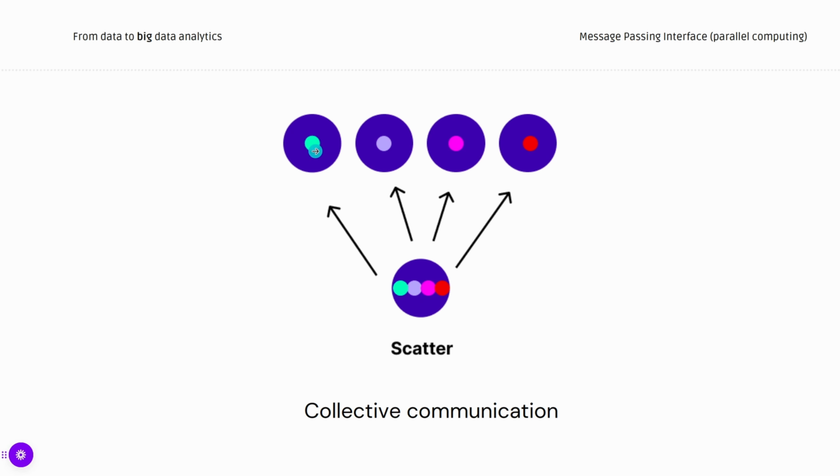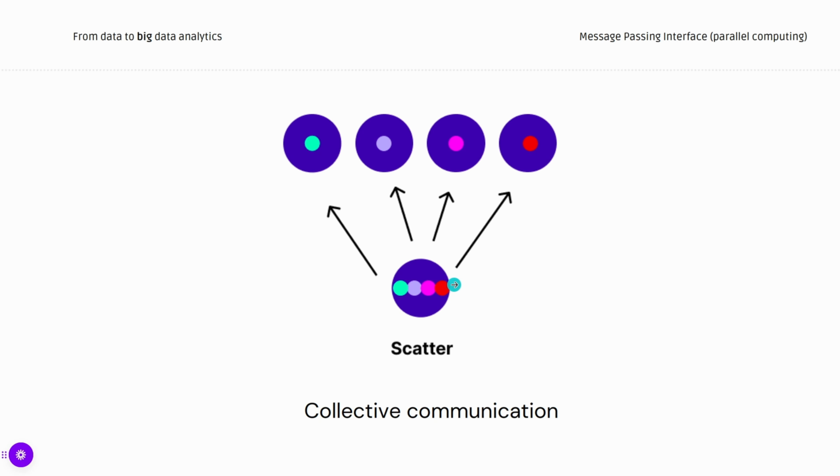If you have 4 workers, like I have 5 processes here, one will be the master and the 4 others will be the slaves. This master will just dispatch the data that he has to all the nodes. So each node will get one part of the data, one chunk of the data.